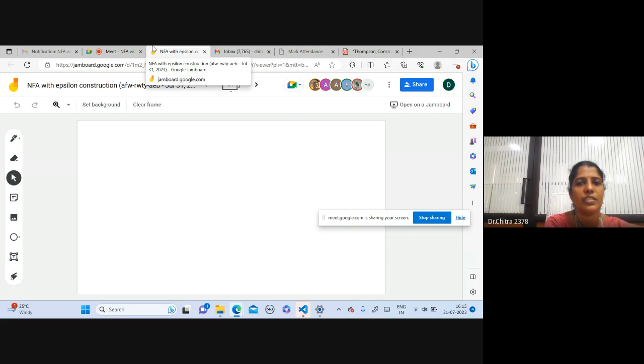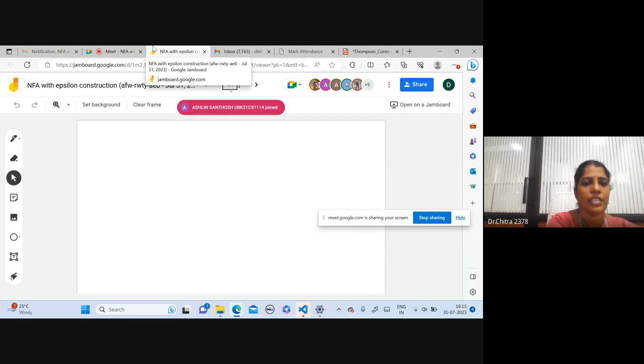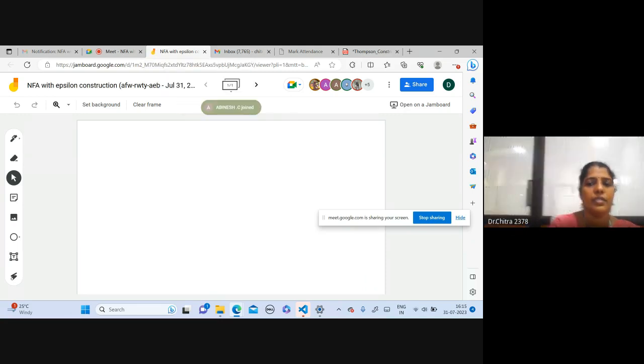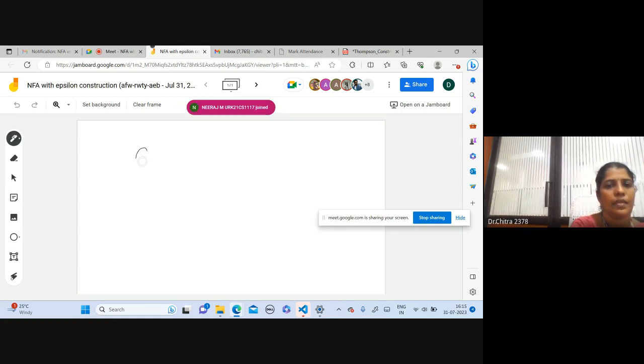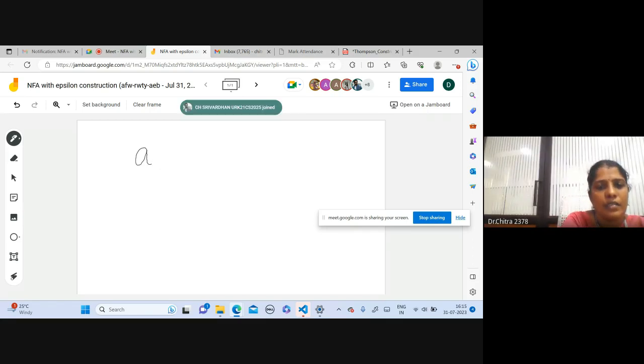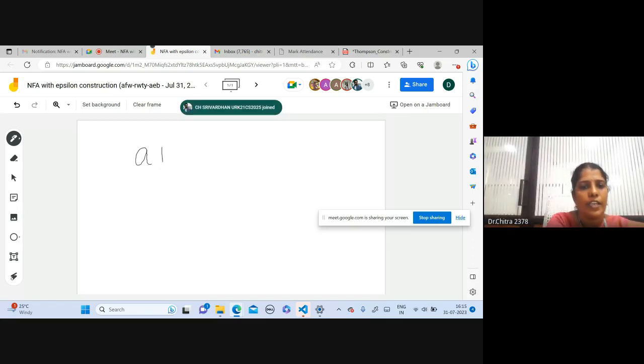Now I am going to construct the NFA for the given expression. For example, the given expression is (A plus B) into plus (AB) the whole star.